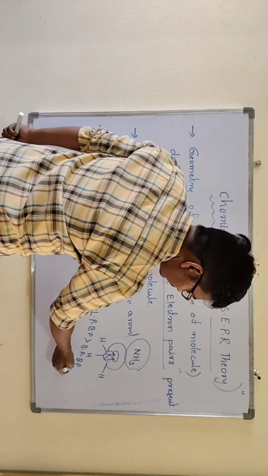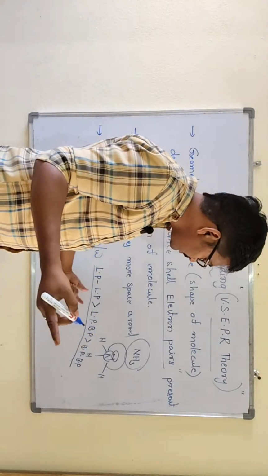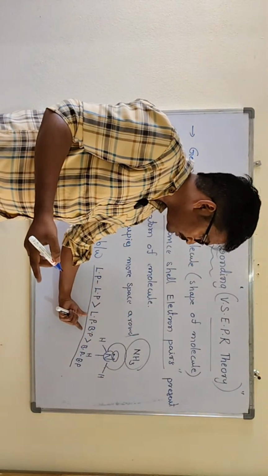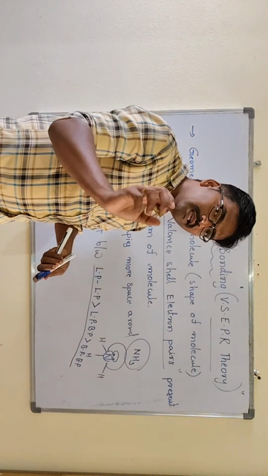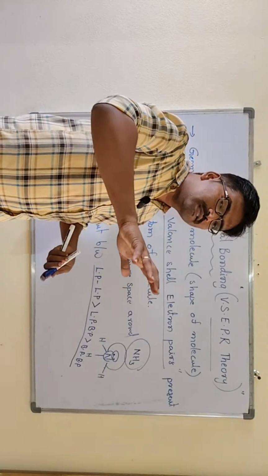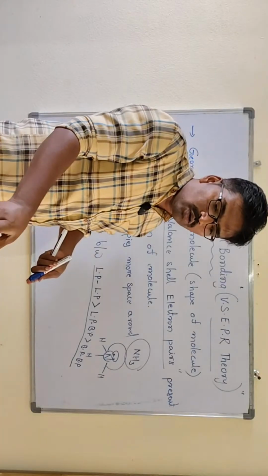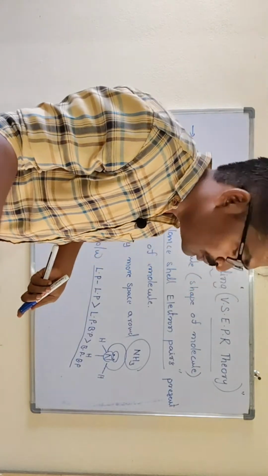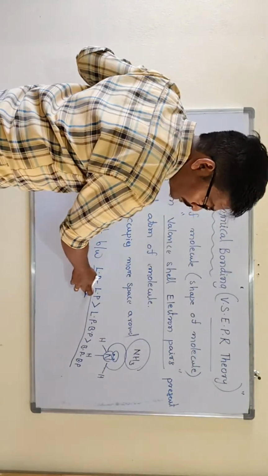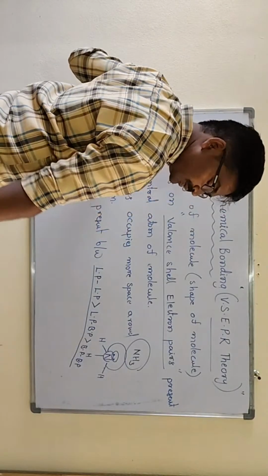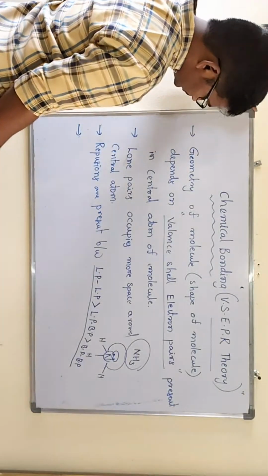Remember, it is also very, very important. To minimize the repulsions, electron pairs occupy positions surrounding the central atom in the molecule. That you have to remember. Repulsions are present between lone pair and bond pair also.